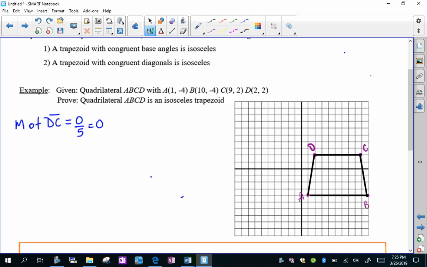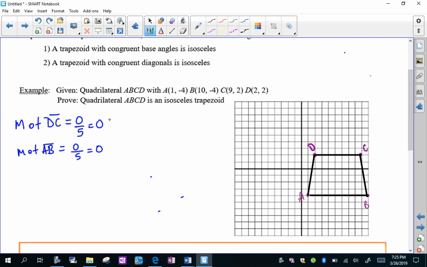And then the slope of line segment AB, well, that's the same case. That rise is 0. And I can run anywhere I want there, because the slope is a constant on the line. That's 0.